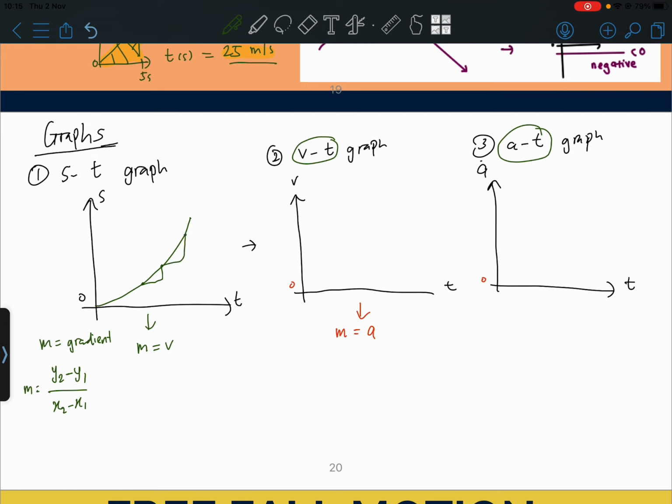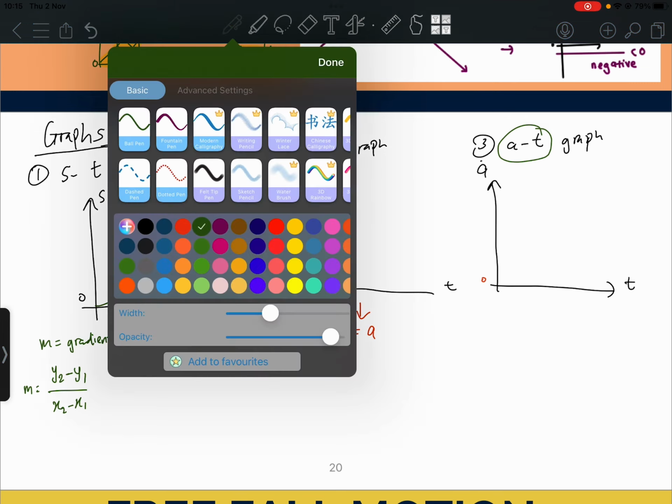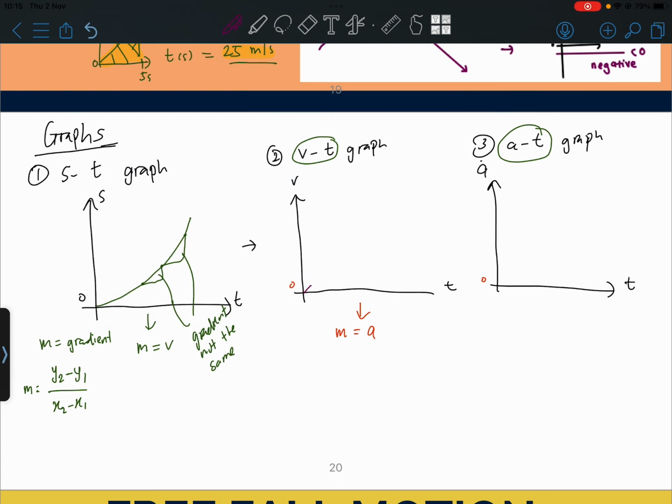The gradient of here and here is not the same. I can write over there: gradient not the same. Because we know that the gradient represents the velocity, the velocity is not the same everywhere. So we can say that we have a VT graph like that.